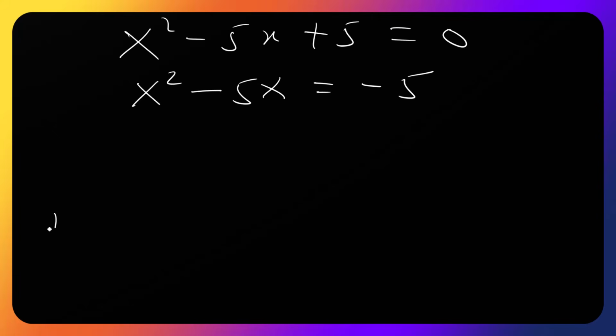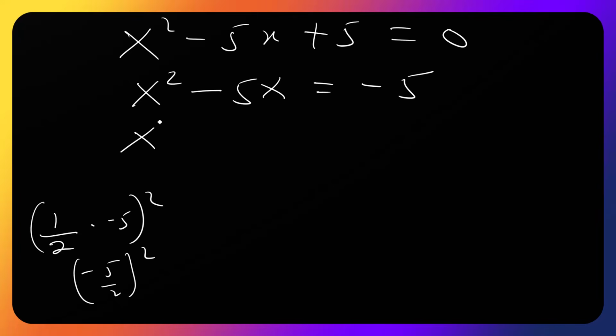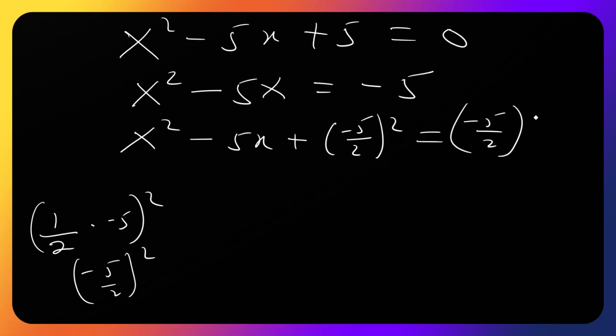So let's take half of the coefficient of x, squared. That will be minus 5 on 2, all squared. Let's add this to both sides of the equation. So we have minus 5 on 2 squared equals minus 5 on 2 squared minus 5.